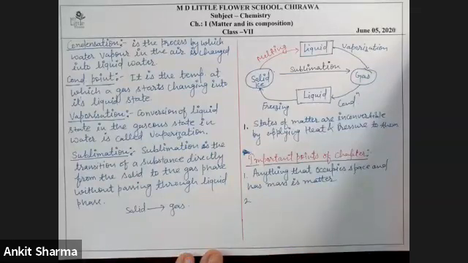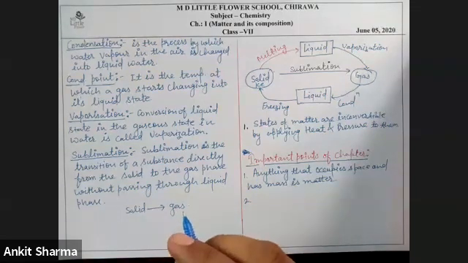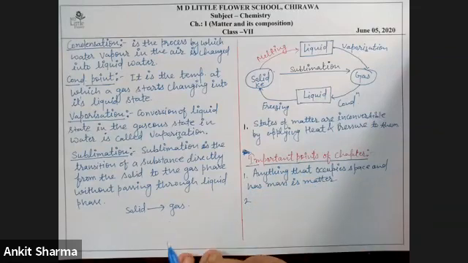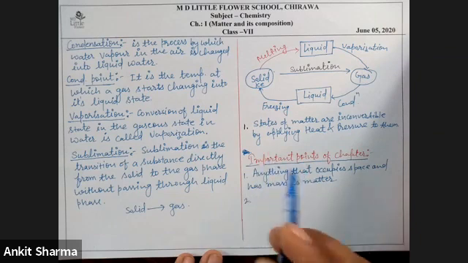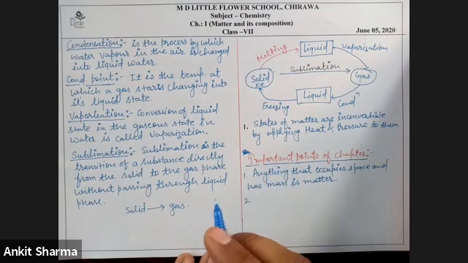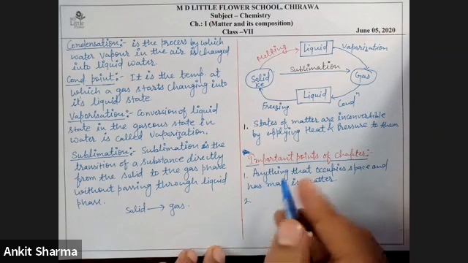Now, the second point is: matter is made up of which kind of particle? Matter is made up of tiny particles, which we call atoms, or we can also call them molecules.